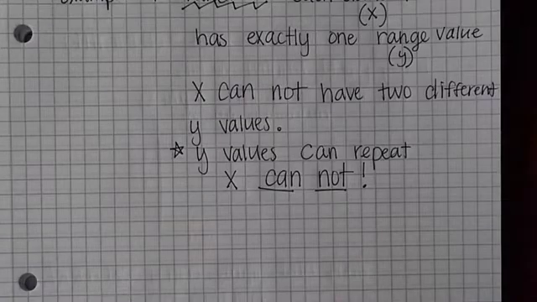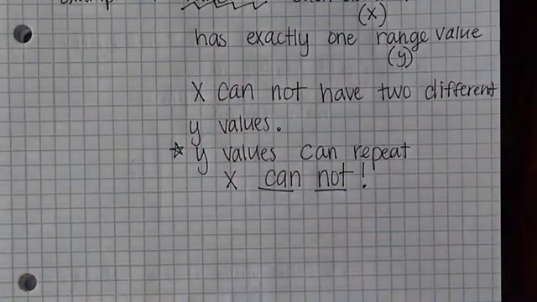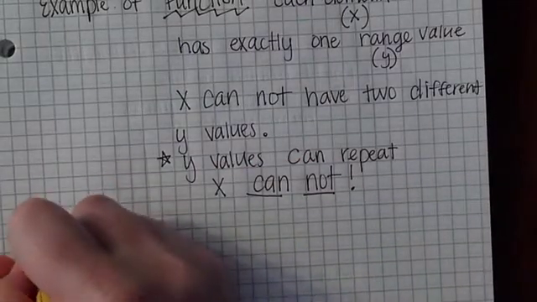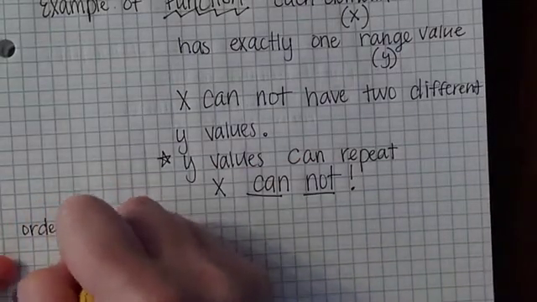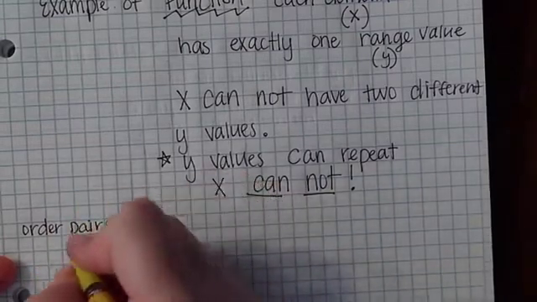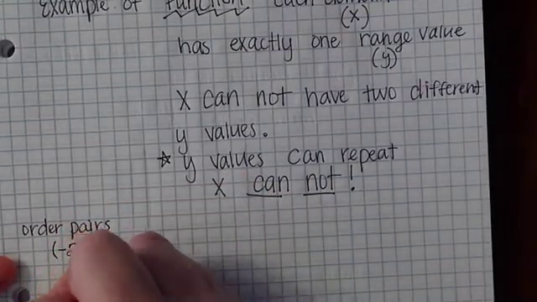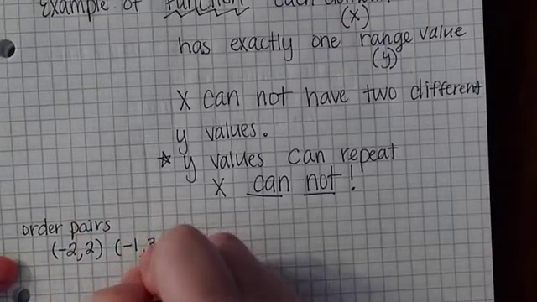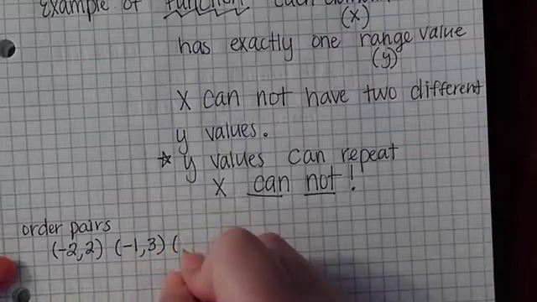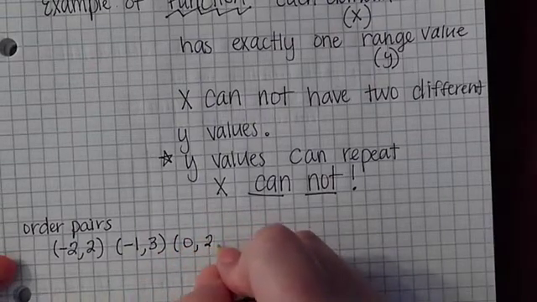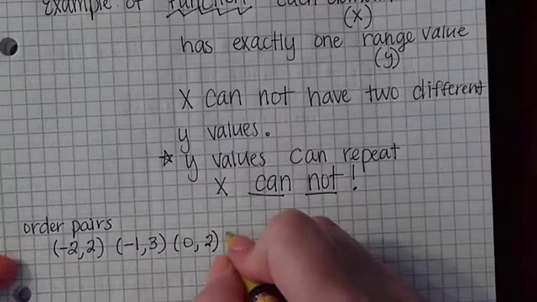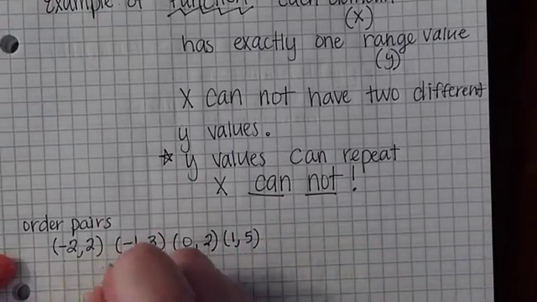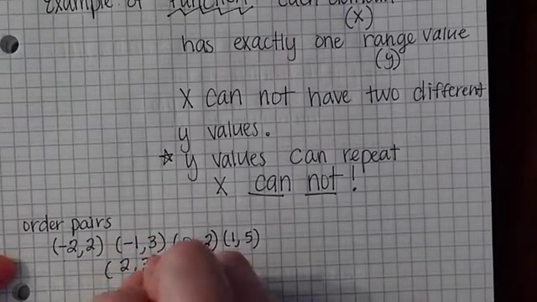Okay, so let's look at an example of a function. If we were doing ordered pairs, and I had the points -2, 2, -1, 3, 0, 2, 1, 5, and 2, 3.